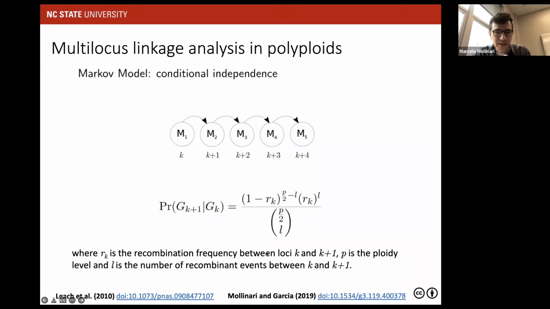And I converted that unconditional probability you saw in that slide with several matrices into a conditional probability. So what is the probability of observing a certain genotype in a specific position in the genome, given the previous position? And this is a function of the recombination fraction, of course, the ploidy level, and the number of recombinant events we observed between these two positions.